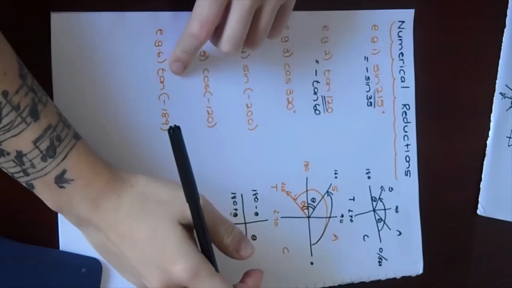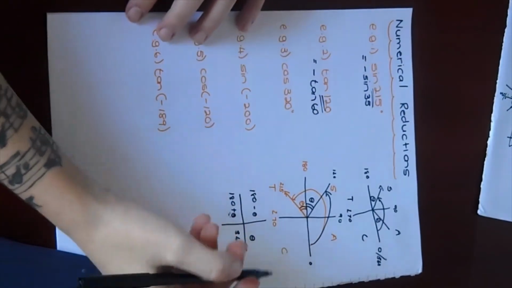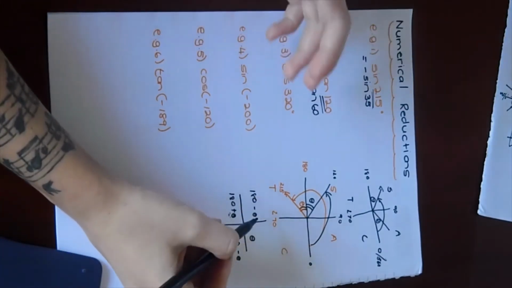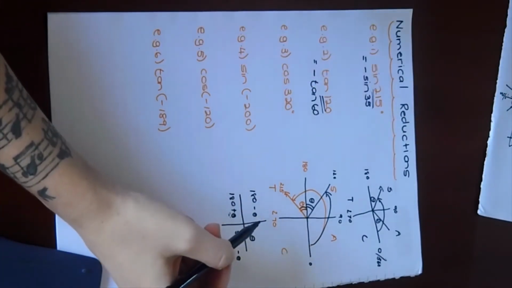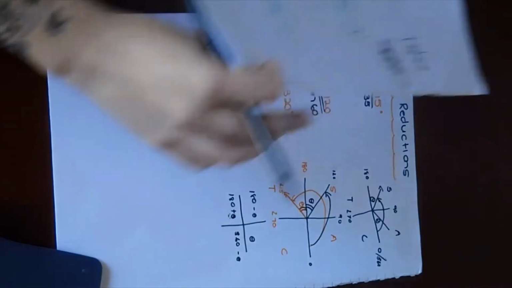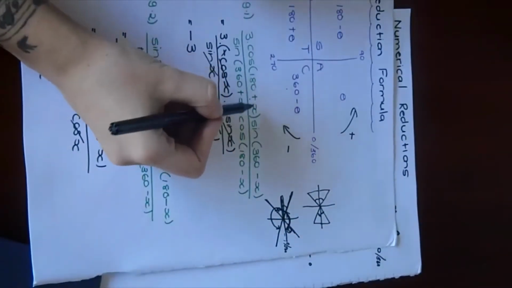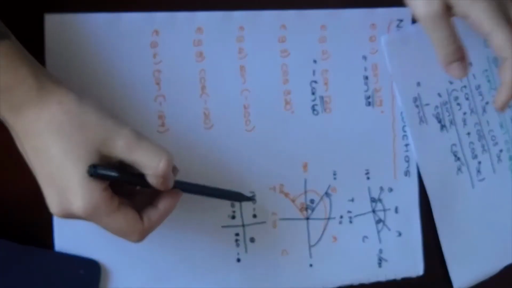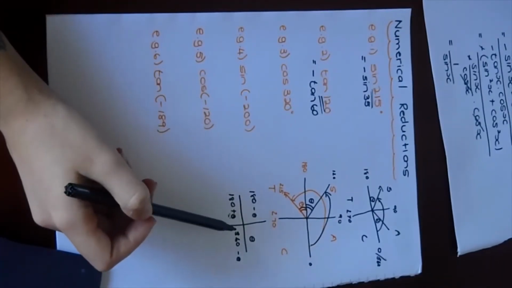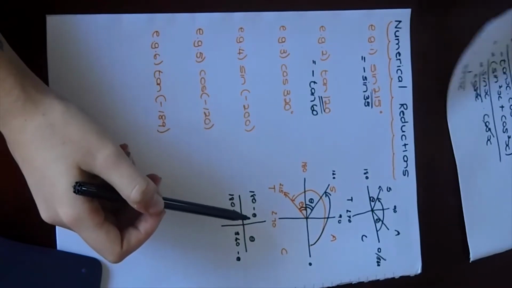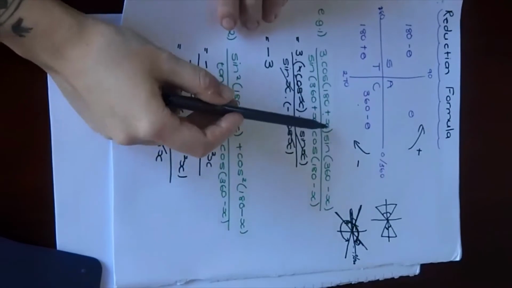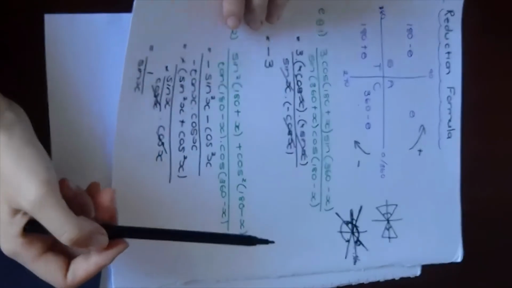If this confuses you too much, don't be concerned. All I want you to know is that with the previous stuff we did, where it gives you 180 minus theta, 180 plus theta, 360 minus theta, you're going to look at the 180 minus or the 180 plus, decide which quadrant, and then you just change the sign, and make it x or whatever letter they've used.